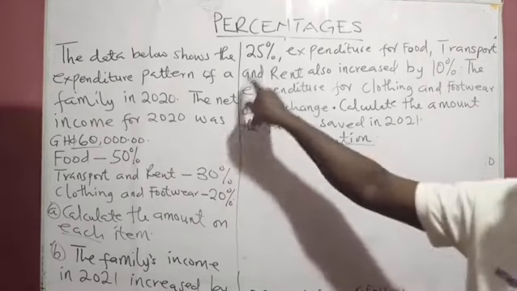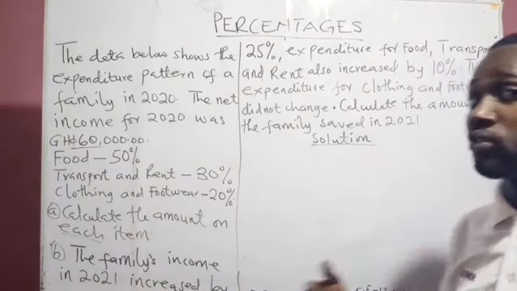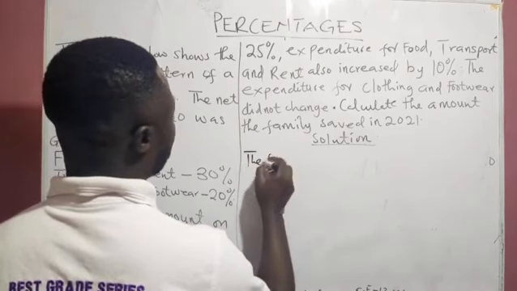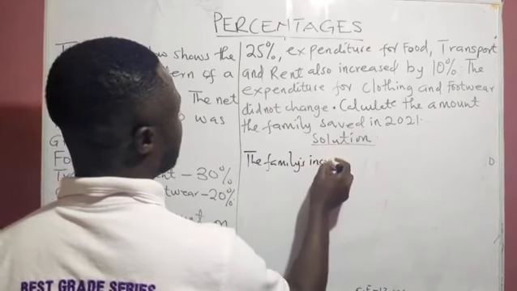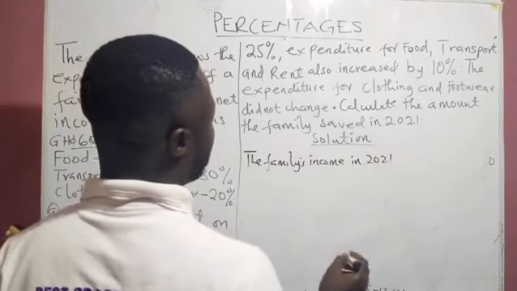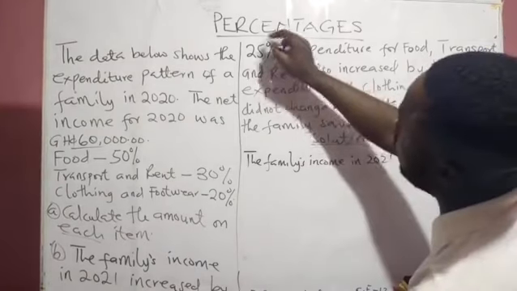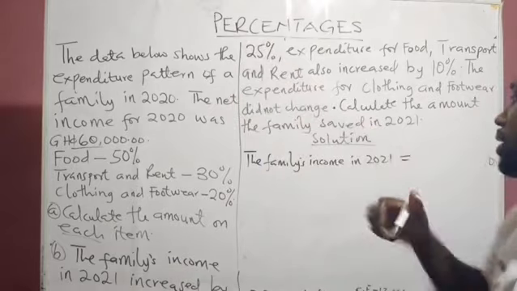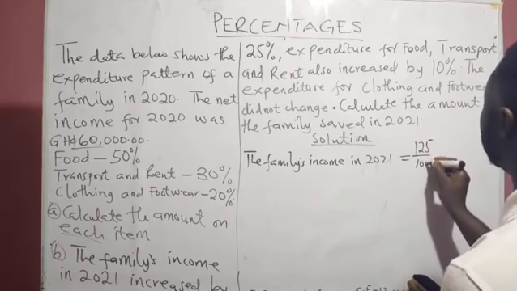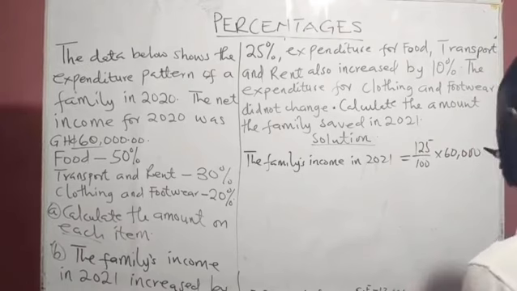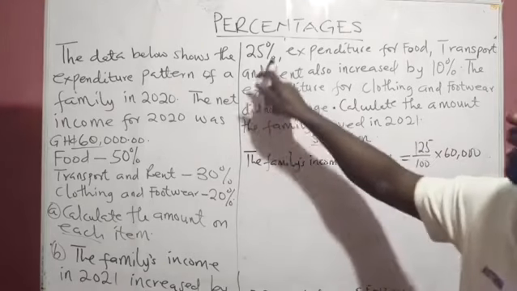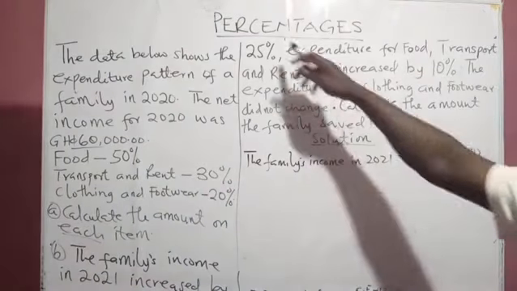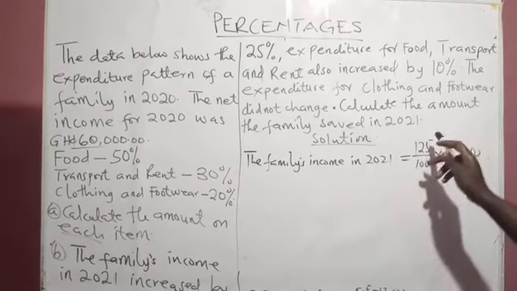If the income increased by 25%, then it is now 125%. So the family's income in 2021 will be 125 over 100 times 60,000.